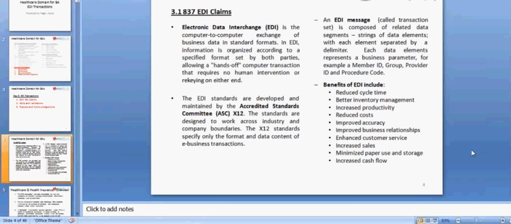For example, currently we are using 4010 transactions, which is a version number, and the receiving organization should use the same version number. If you are moving to the next version, for example 5010, then both organizations have to move to the new version. It's okay to run both versions in parallel, but if you exchange in a different version, both systems have to be on par with the same version.